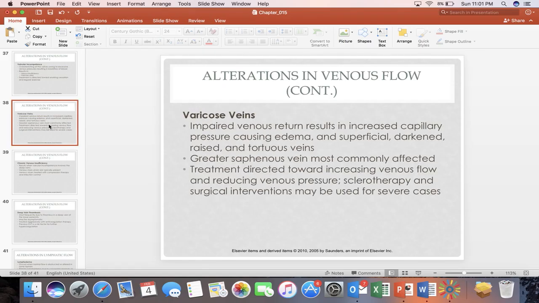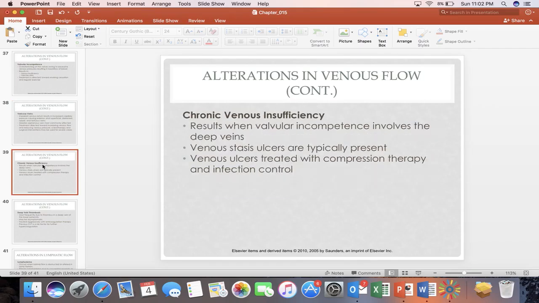Varicose veins are impaired venous return that results in increased capillary pressure, causing edema and superficial darkened, raised, and tortuous veins. The greater saphenous vein is the most commonly affected vein. Treatment is directed towards increasing venous flow and reducing venous pressure. Sclerotherapy and surgical intervention may be used for severe cases.